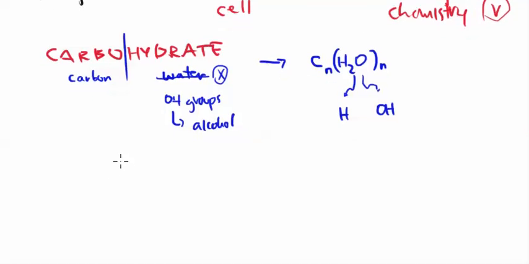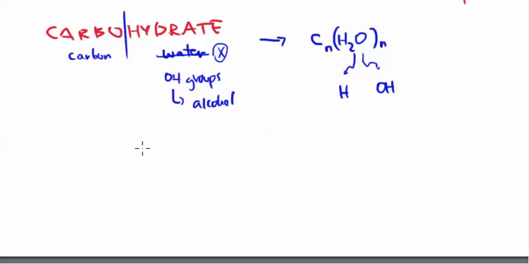We need to look at how these structures are going to link up, however. But before we do that, I want to talk a little bit about the term carbohydrate. One of the first things that you need to take away from this family of organic compounds is that it is the most abundant. Out of all of the biomolecules that are out there, the carbohydrates are the most abundant class of compounds in the biological world, at least.